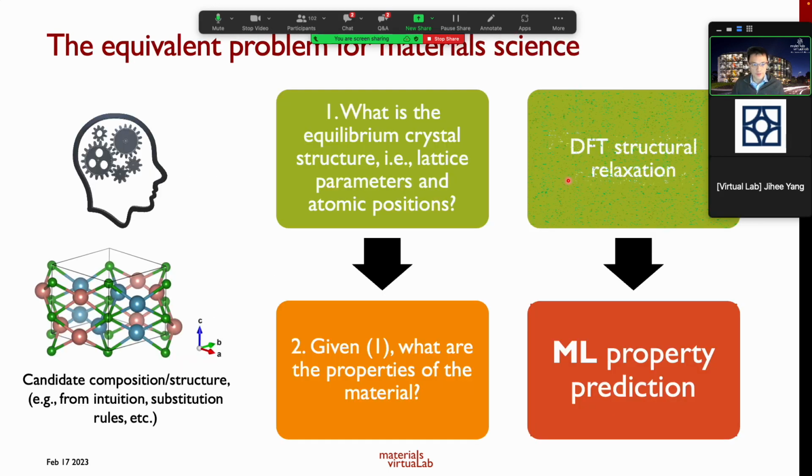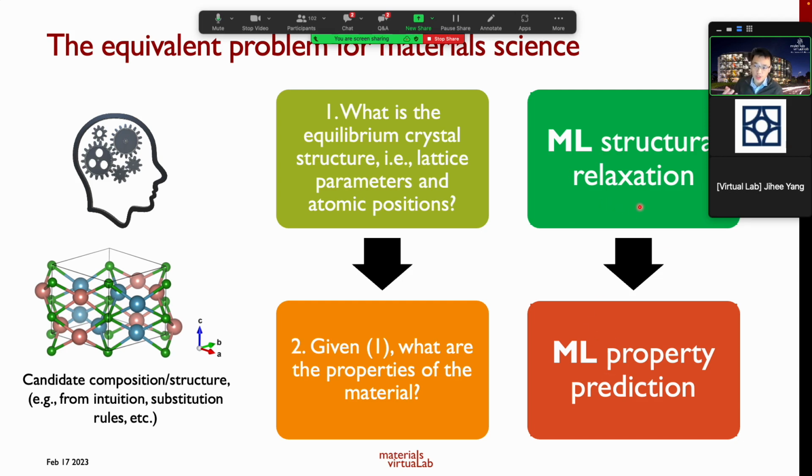All right. Now, I have talked about property prediction, and as I mentioned, historically, that has been the problem that most people in the machine learning for material science field focus on, right? But what about that first step, which is how do we actually get the structure in the first place, right? So previously, we were assuming that we already have the DFT relaxed structure, and then we just need to predict the properties.